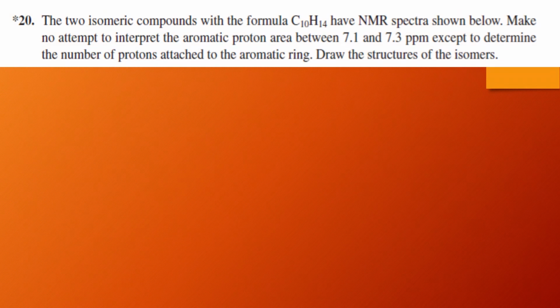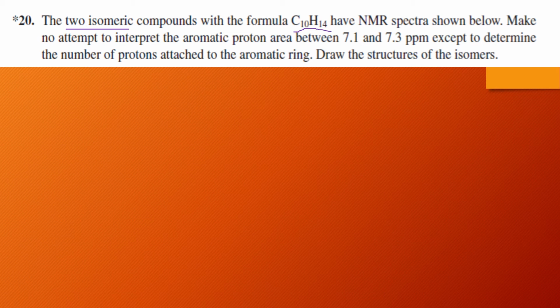Okay, this is another HNMR spectrum. So this is basically another problem. You can see the question is about two isomeric compounds. These are two isomers, right, with the formula C10H14.